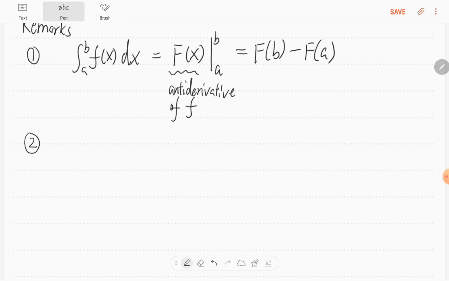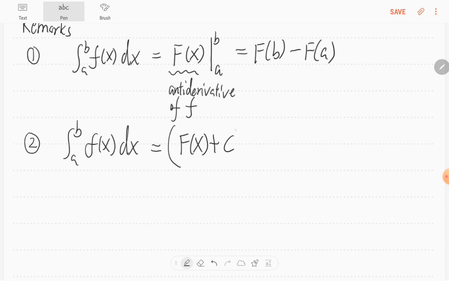For example, if we add a constant, you can see that at last it will be cancelled out. The integral of f of x dx has the antiderivative capital F plus C, where C is a constant, evaluated at a and b. This is one antiderivative.